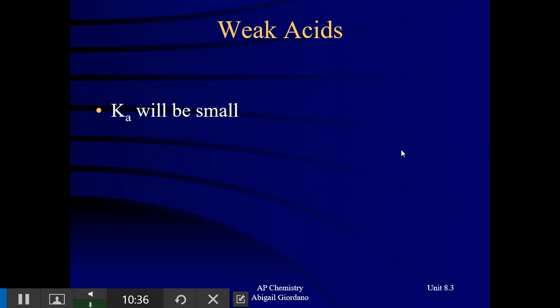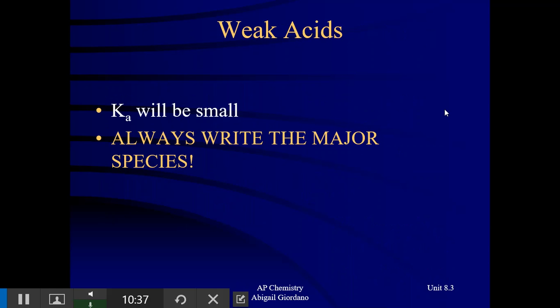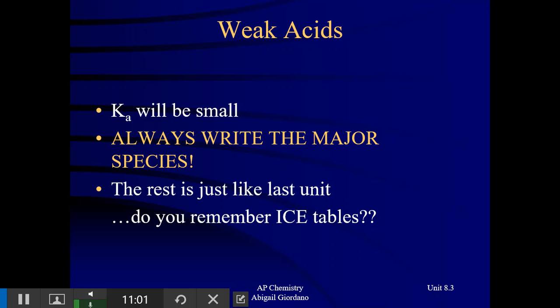But we're going to set up, and I'm going to show you how to do a weak acid problem, and then I'm going to let you try one on your own. As I said, guys, in a weak acid problem, you're going to be given a Ka value. We're going to start off our problems by writing the major species. And guess what? Actually, you already kind of know how to do these. The way to do weak acid problems, do you guys remember ICE tables from equilibrium?